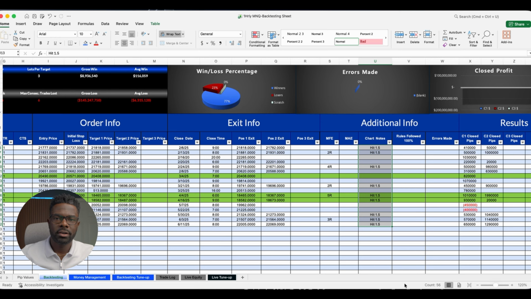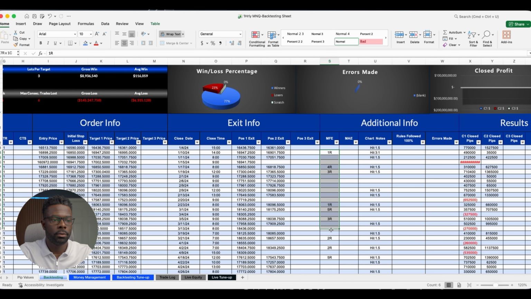What I want you to understand is that while I was going through my backtesting, I was not only looking for my strike rate. As you can see here, the win-loss percentage is at 77%, which is very profitable with the way that I backtested it, because I was looking for target 1 and target 2, and I was also tracking the maximum favorable excursion. I started calculating the maximum favorable excursion after the trade had reached the 2 to 1.